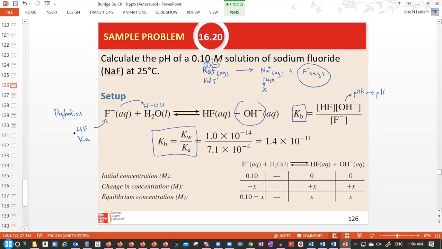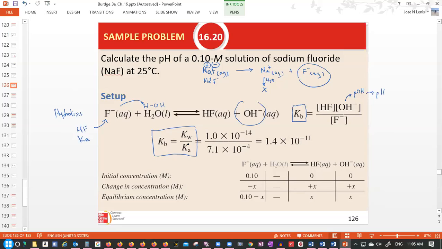If you go back to the previous video, I showed you the list of Kas of weak acids. So you can find them in the back of your textbook, or a different source. You will find the Ka of HF is 7.1 times 10 to the negative 4.